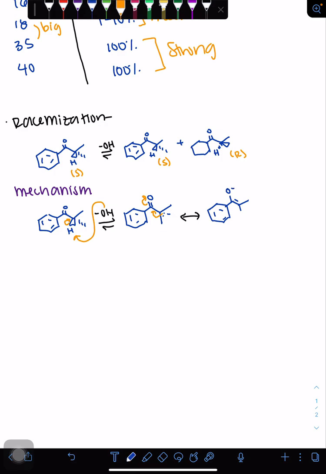Lone pairs on this oxygen are going to go down to make a double bond.